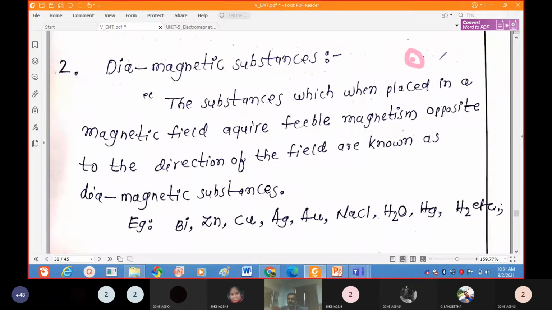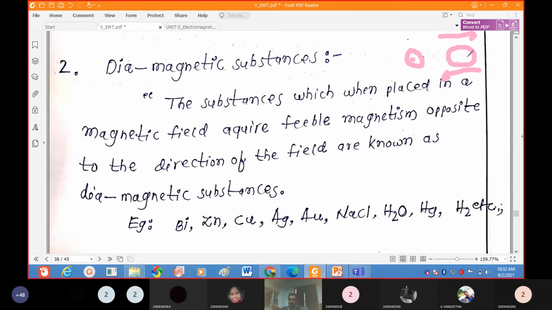Now after applying the magnetic field, suppose you apply the magnetic field in this direction, then the dipole moment will become opposite. The orbital momentum of the electron will change to the opposite direction.